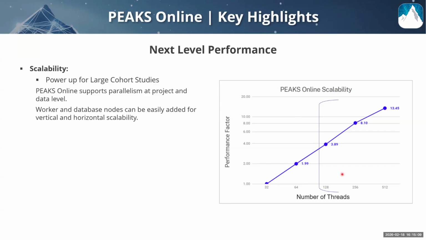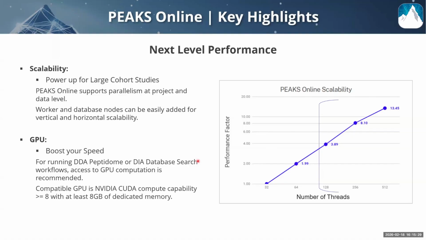So we now actually start our licenses at 128 threads for Peaks Online. For example, Studio starts at 24 and 48 threads. So we really require a lot of computing power for Peaks Online to be able to perform these analyses.